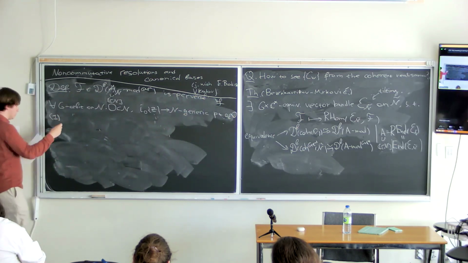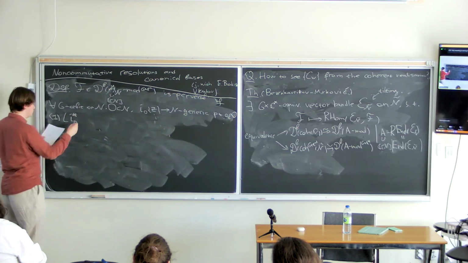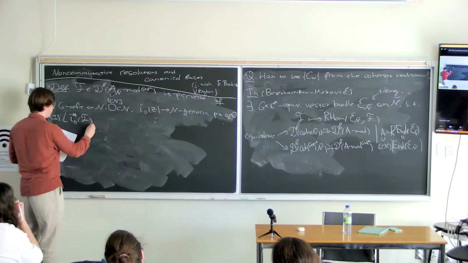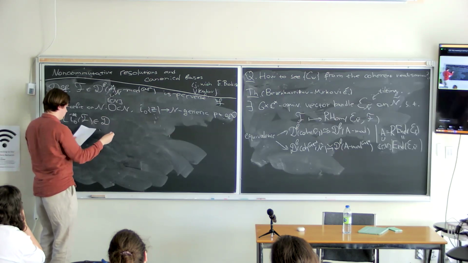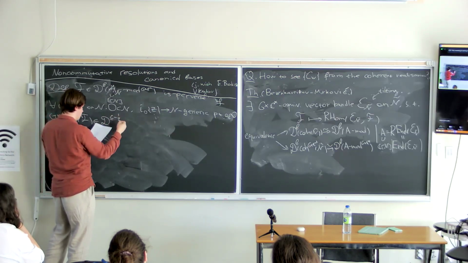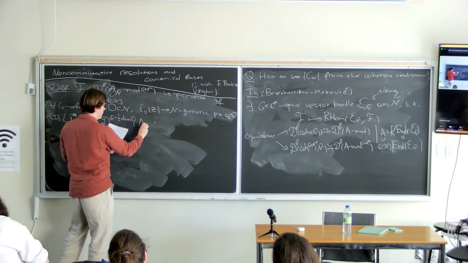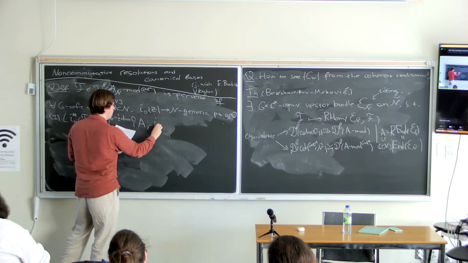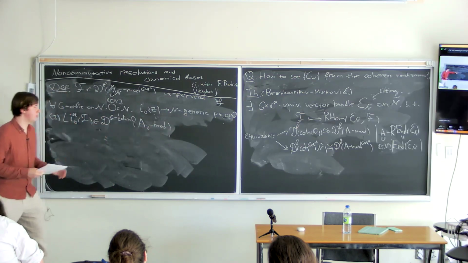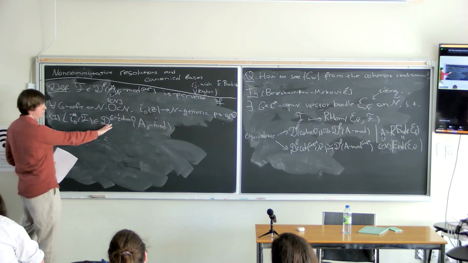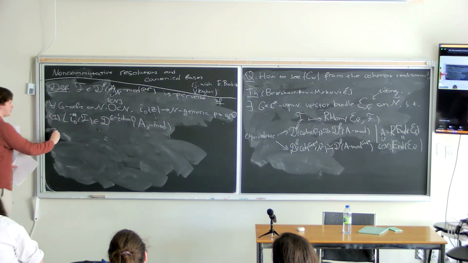And I want the following two conditions to hold. First, the derived star pullback, which will be a module over the local ring of this algebra at this generic point, belongs to these homological degrees.